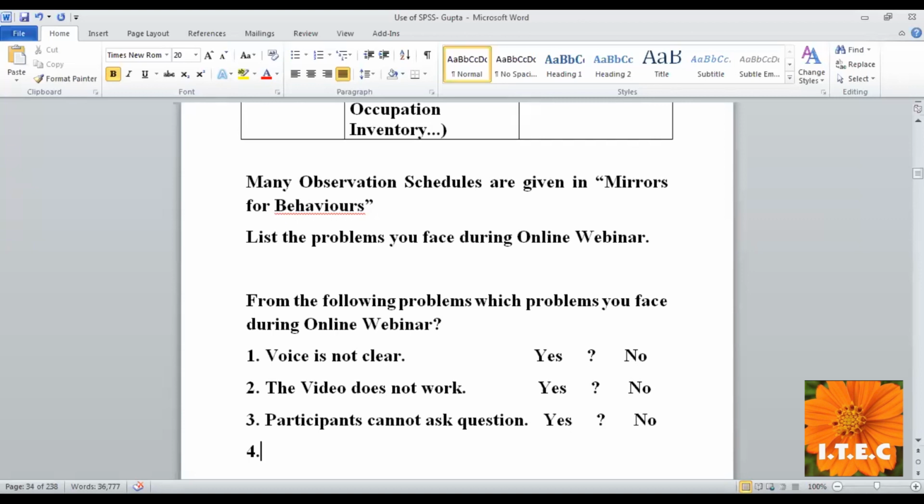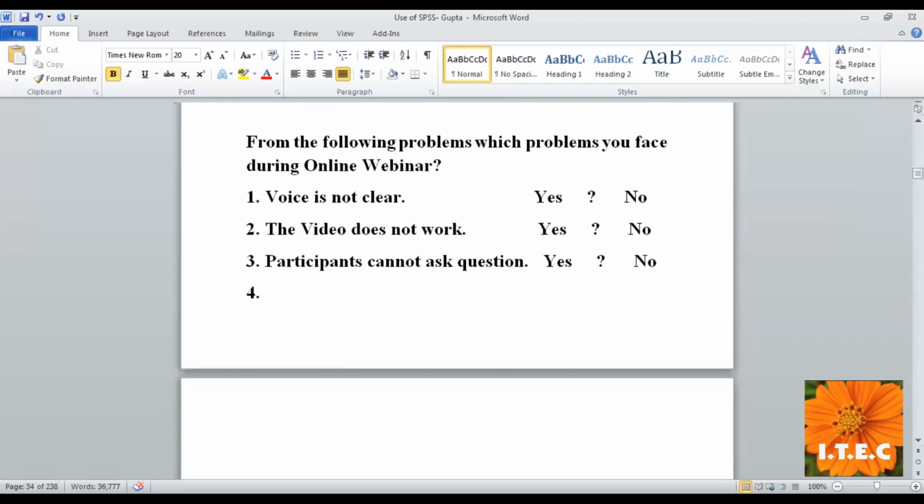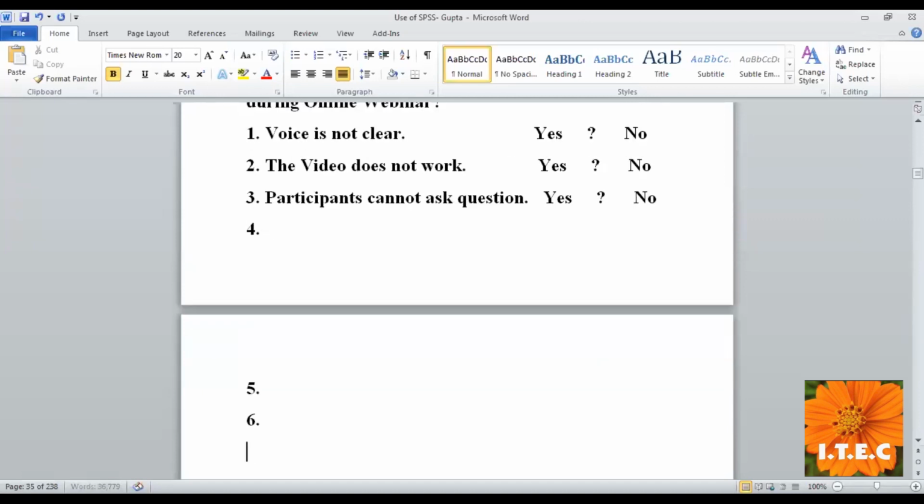So either you can have a questionnaire which is completely closed, or completely open, or you may have a questionnaire where some portion is closed and some portion is open. For example, you have written many questions, and after that you can write any other problem you faced.